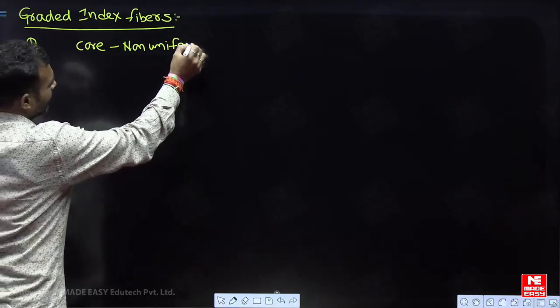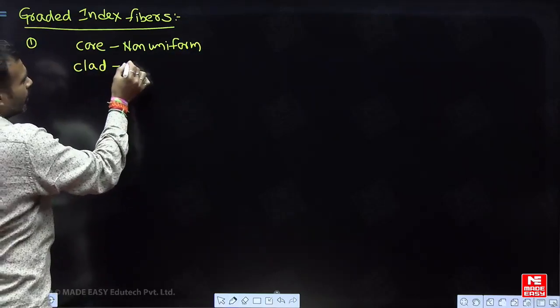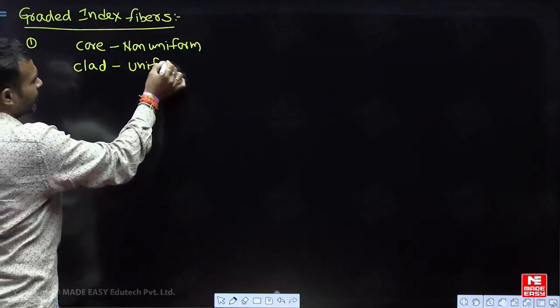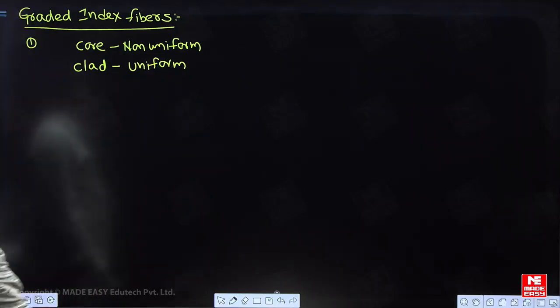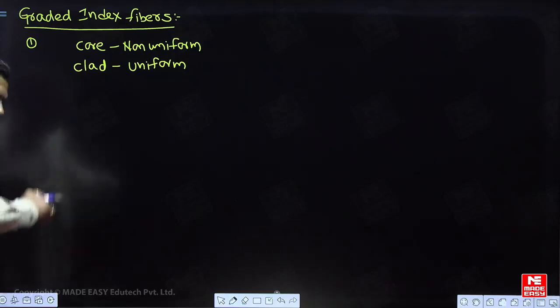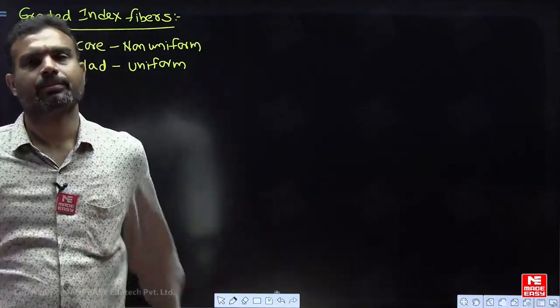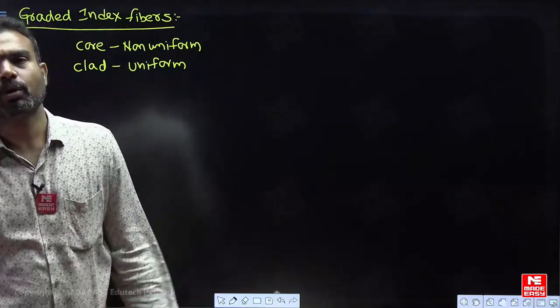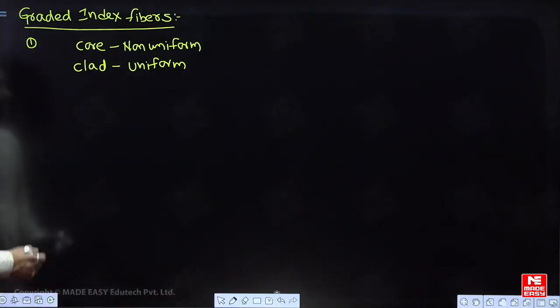In step index fiber both core and clad are uniform, but here the core is non-uniform, but the clad is uniform. Hope everybody in the class understood this. In step index fiber both core as well as clad are uniform, but in gradient index fiber your core is non-uniform and clad is uniform.